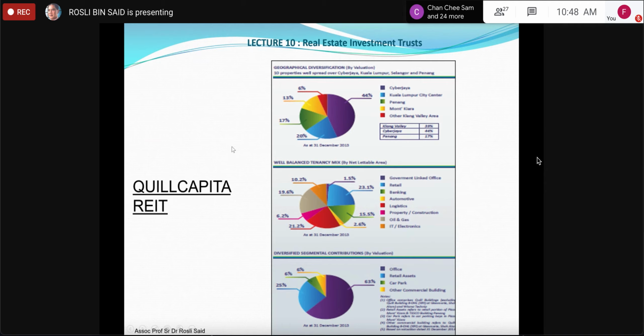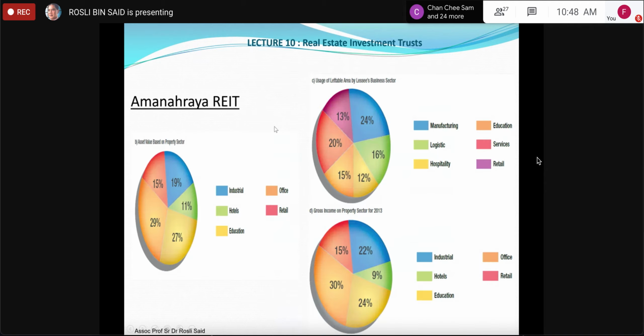So basically, they have diversified. And then Amanahraya also diversified in terms of types of business: industrial, hotel, education, office, retail. The majority goes to offices and then education, and they also diversify in terms of lessee by lettable area.